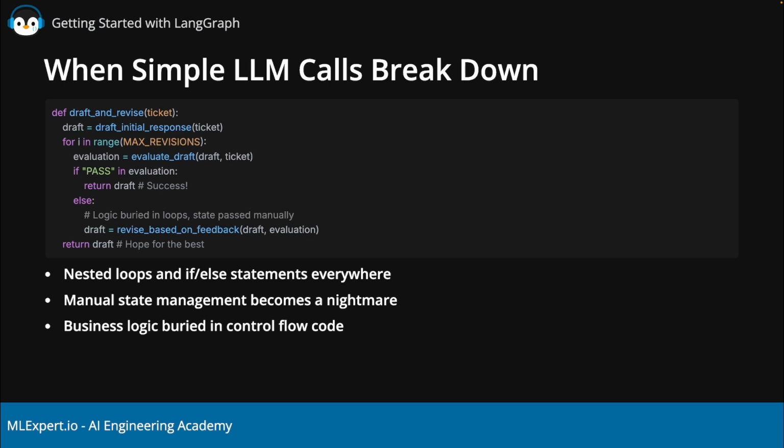The first thing that you might need to do in such a situation is to start with a simple if and else statement, such as the one that I'm showing you right here. And don't get me wrong, if you just have, say, 2 to 3 nodes within your workflow or LLM calls, you don't need a library such as LangGraph. I would prefer to stay with a from scratch approach.